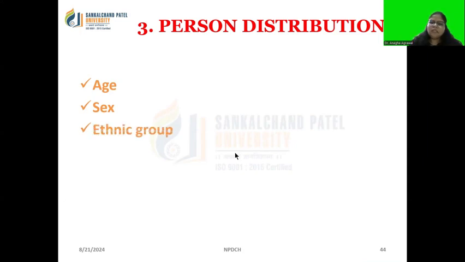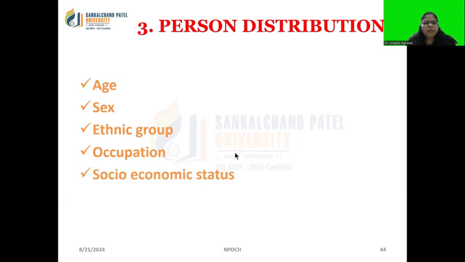Ethnic groups: some diseases are common in some ethnic groups by virtue of their genetic makeup. Then occupational diseases, like carpenters who hold nails in their teeth, because of which there is a high amount of attrition in their anterior teeth. Then socioeconomic status.